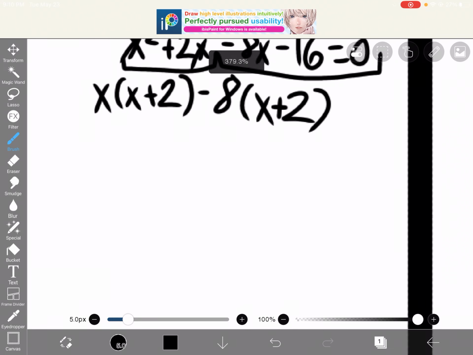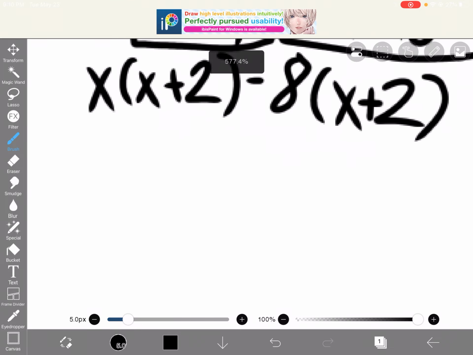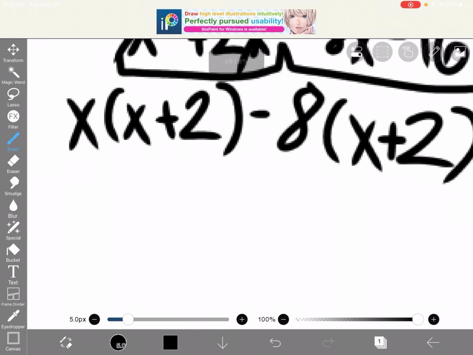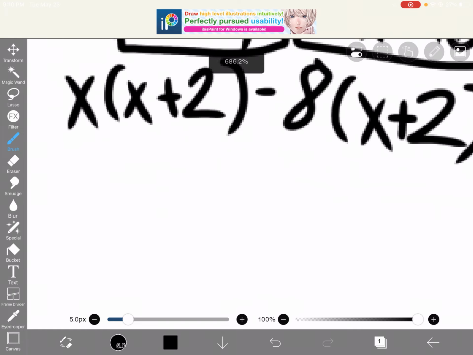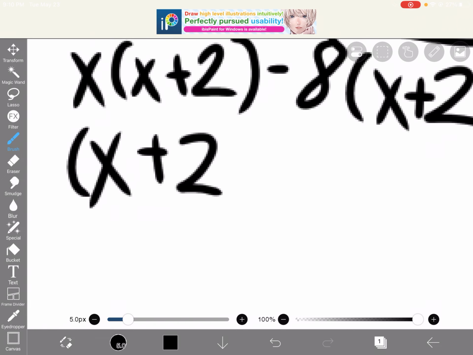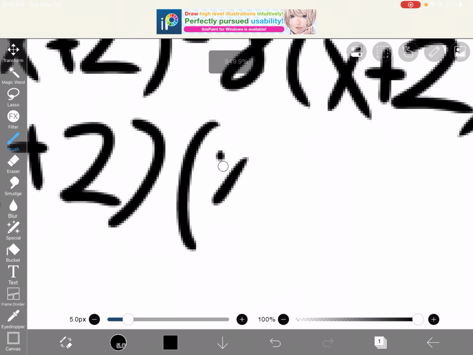And then all we have to do is factor out x plus 2, which would give us x plus 2 times x minus 8.